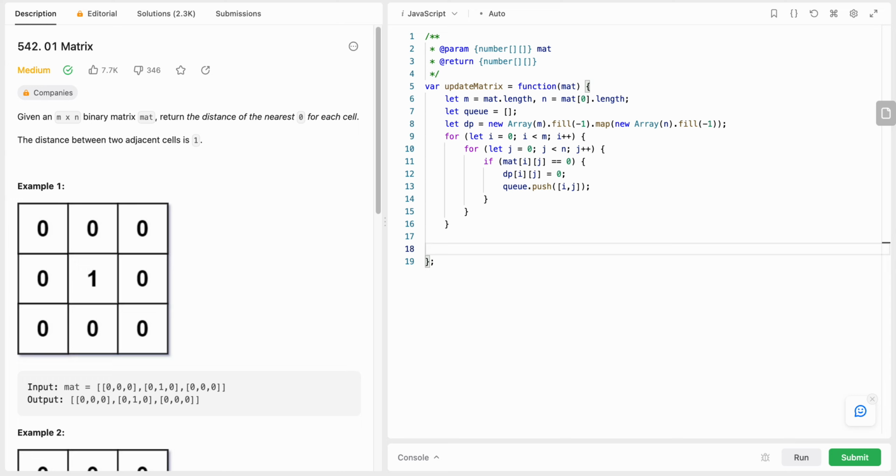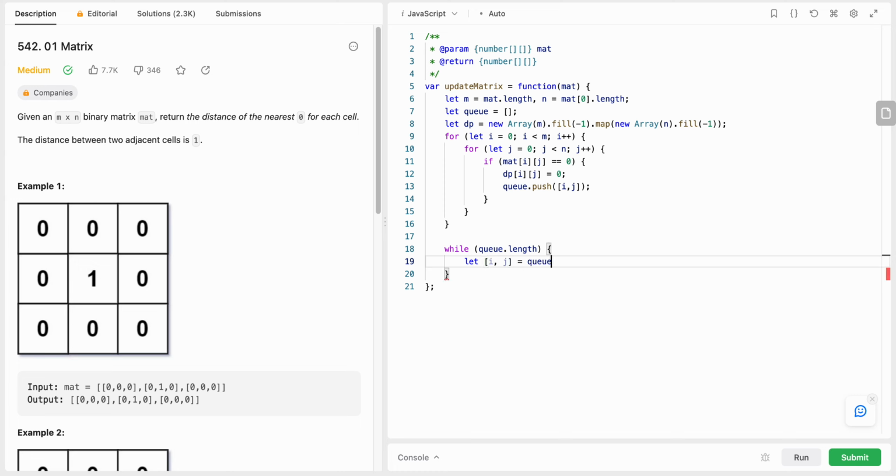Now that we have our queue, we are going to perform our while operation, our BFS. So while queue.length, as long as the queue is not empty, we are going to find our values at the next index, right?